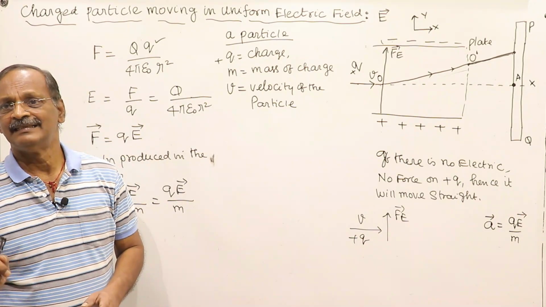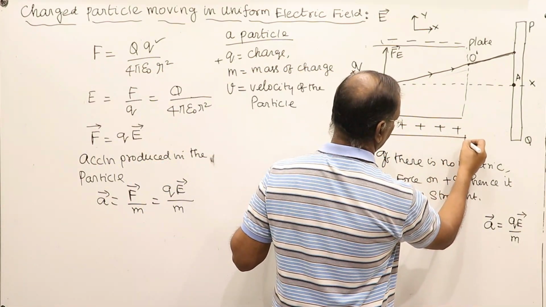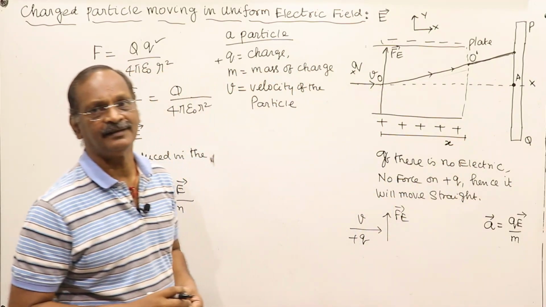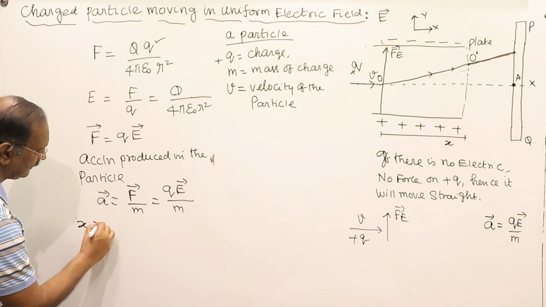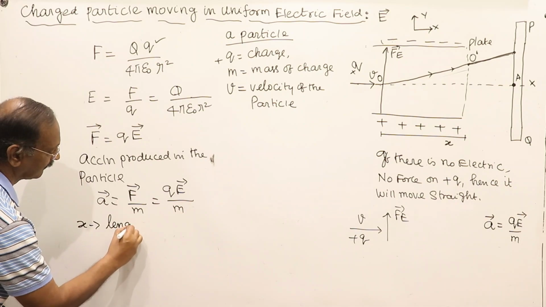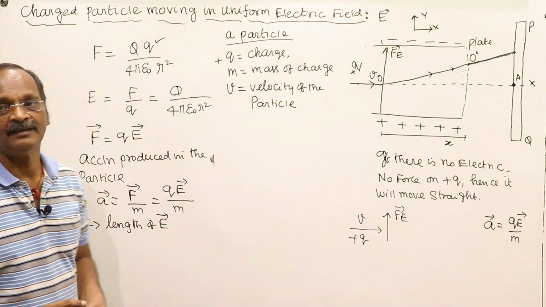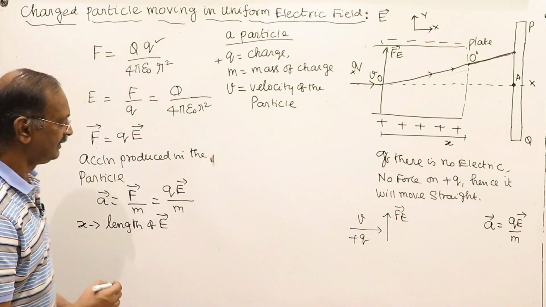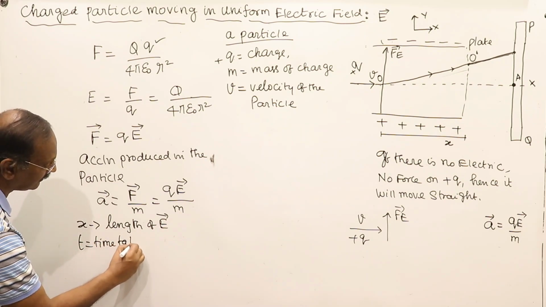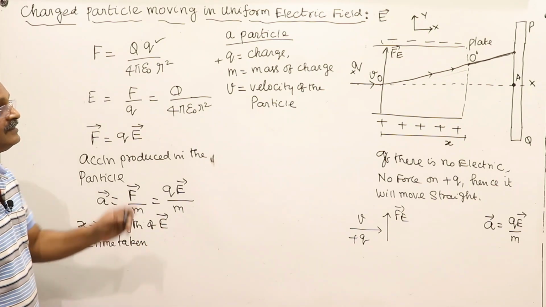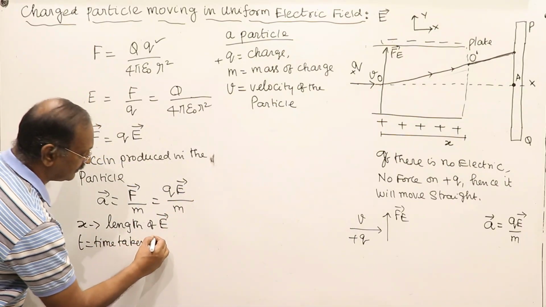Now let us see, x is the length of the electric field, and t is equal to the time taken by the particle to traverse this distance x.